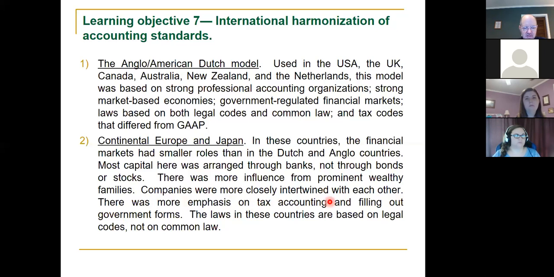Companies were more closely intertwined with each other. There is more emphasis on tax accounting and filling out government forms. The laws in these countries are based on legal codes, not on common law. And so the accounting standards in those countries would end up being like a tax return where you fill in the blank.